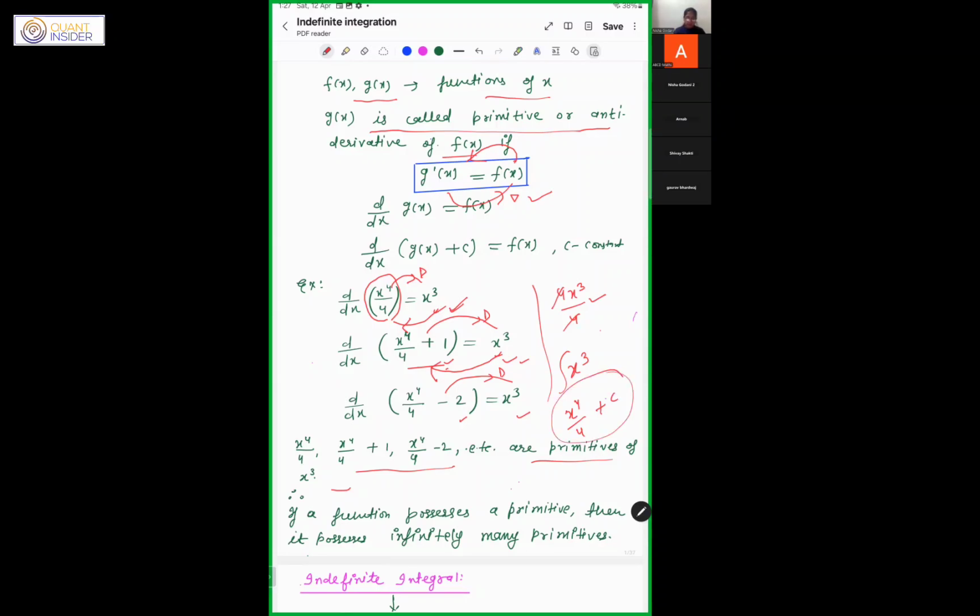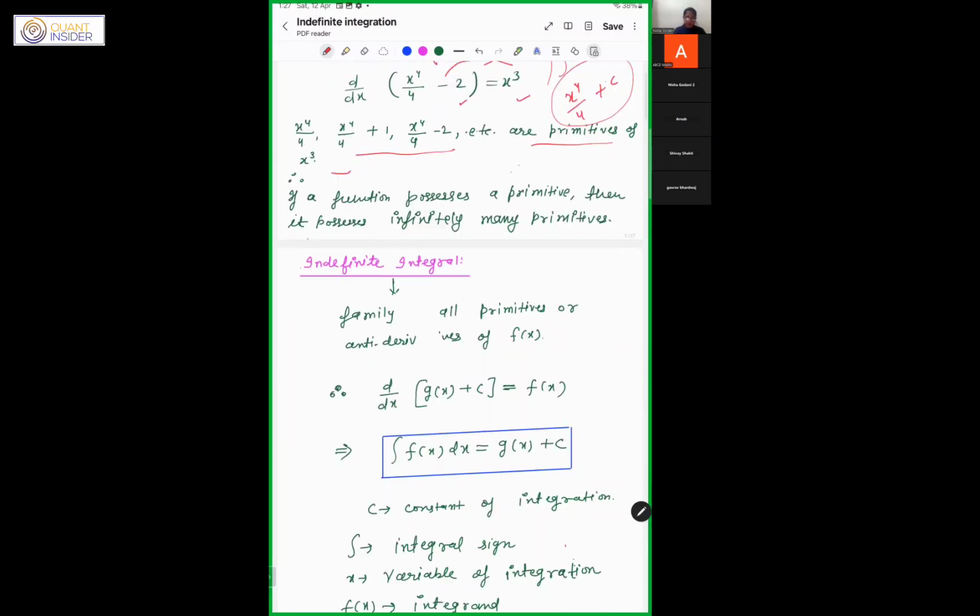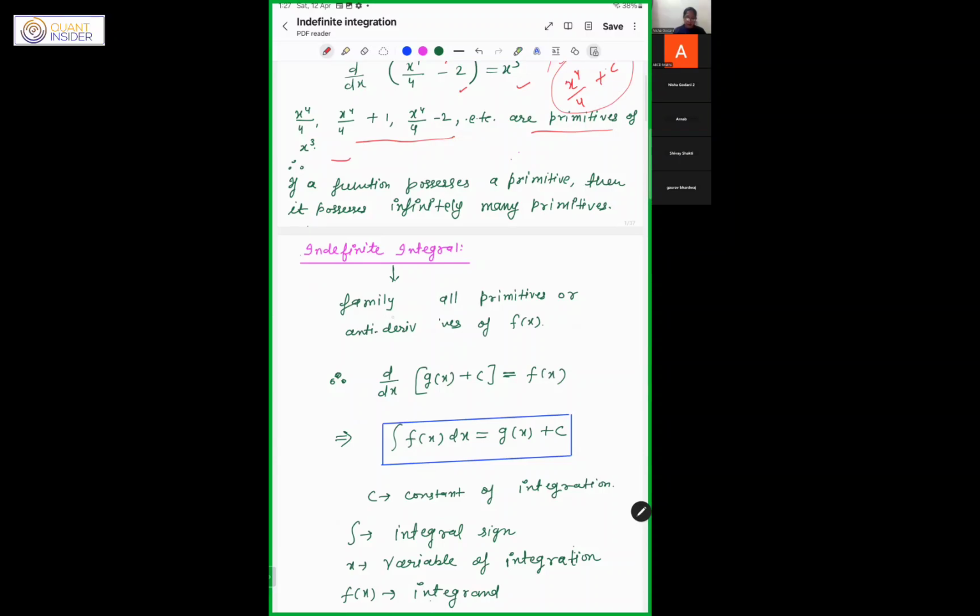So the family of all primitives or antiderivatives of f(x) is called the indefinite integral. Differentiation of g(x) plus c is f(x).